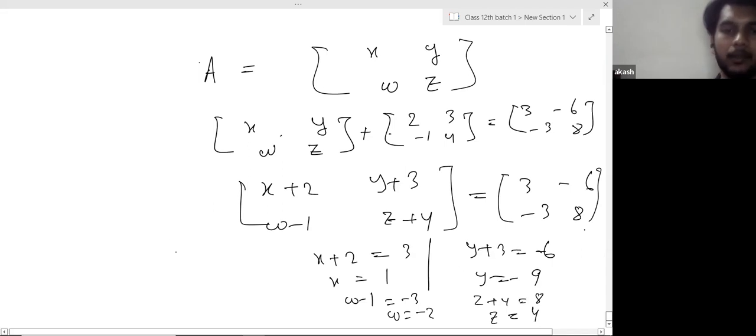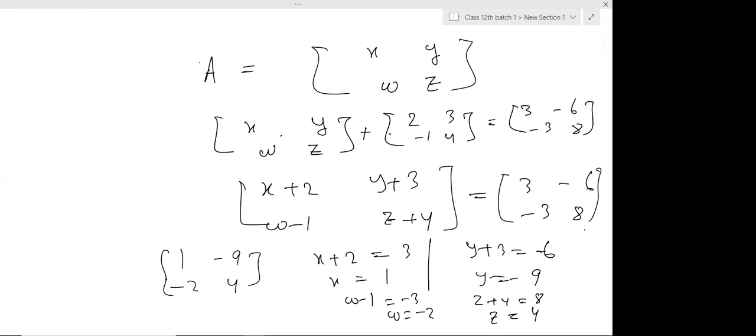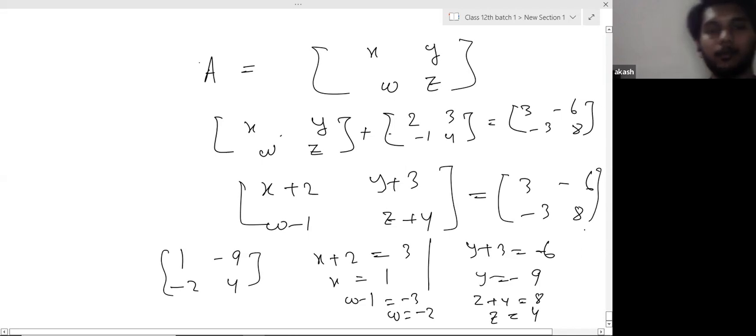This way you got the matrix as [1, minus 9; minus 2, 4]. This is one way to solve this. Is this clear? Yes. So when someone asks what A is equal to, we have to say [1, minus 9; minus 2, 4], because this is a 2 by 2 matrix.